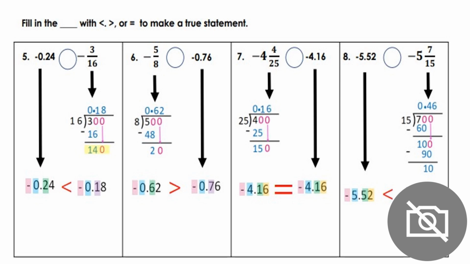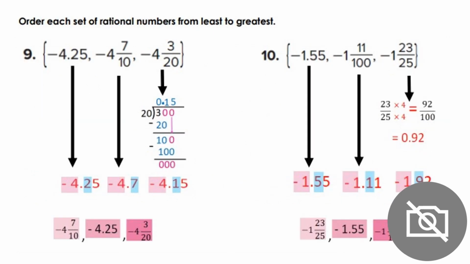If that is equal, write equal. Here this is also the same way. Rearrange all these things into decimal form. So first one is minus 4.25 as it is, then minus 4.7, this one minus 4.15.